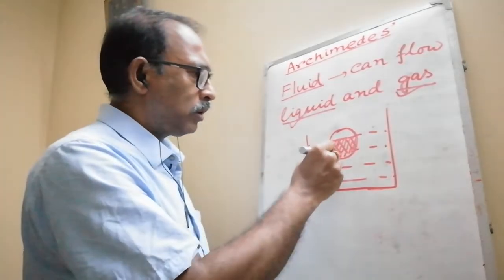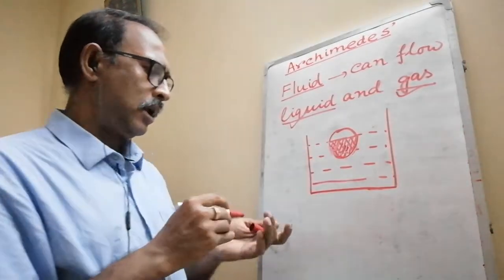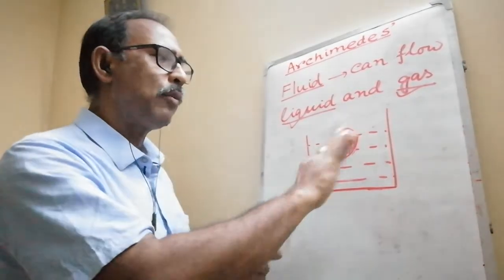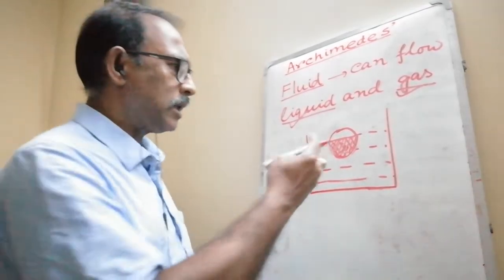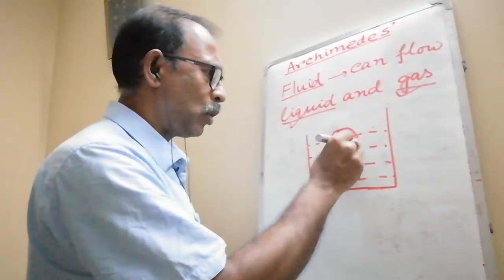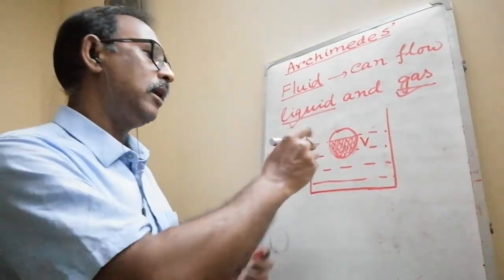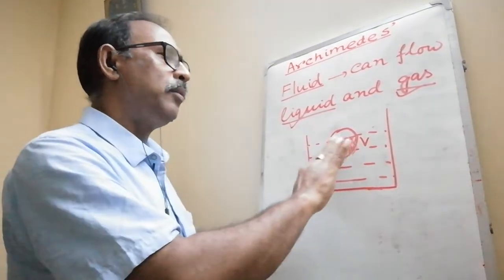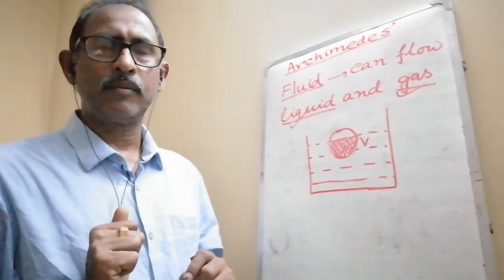So this immersed part of the object displaces the same volume of the liquid. That means if the volume of this immersed part is V, then V volume of liquid is also displaced.